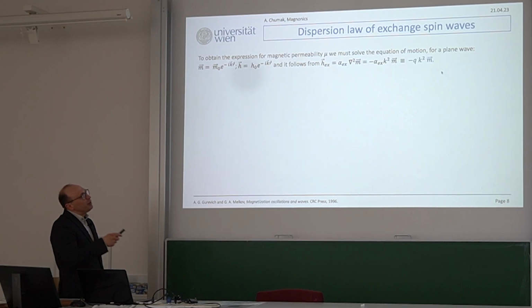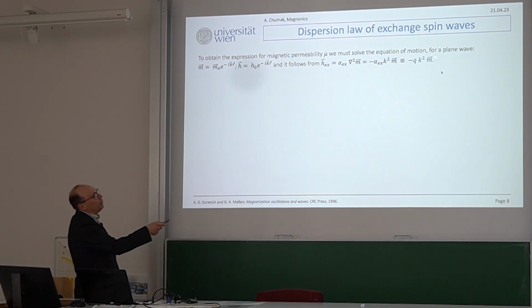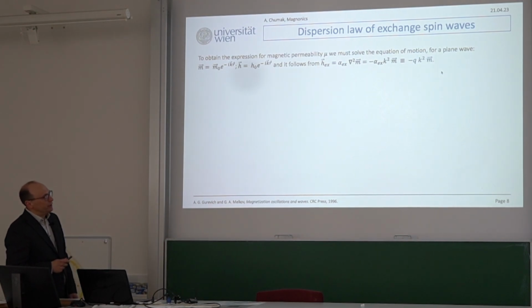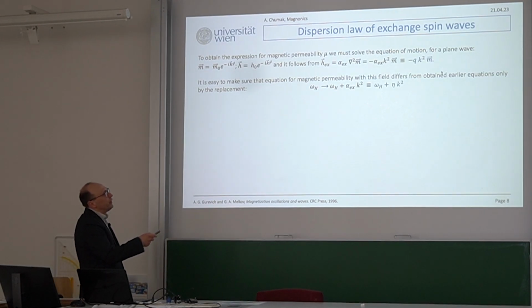And then when you plug it into this Laplace operator, if you define your exchange tensor, you will immediately get this alpha exchange k squared m, or written like this in the CGS system. So we now have a value for how the field, external field or magnetization, couple depends on k squared.